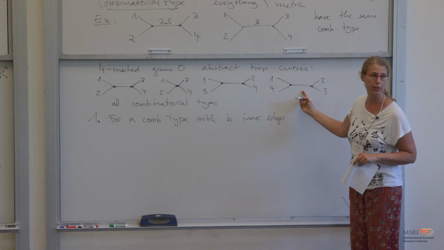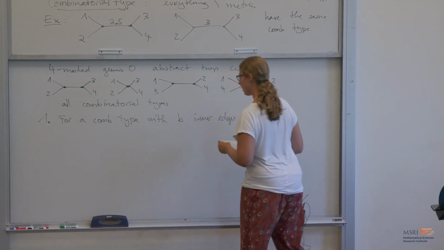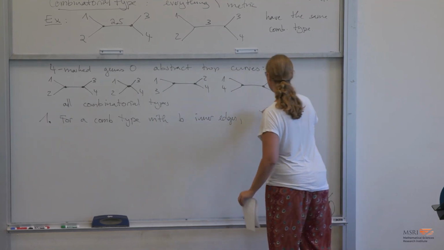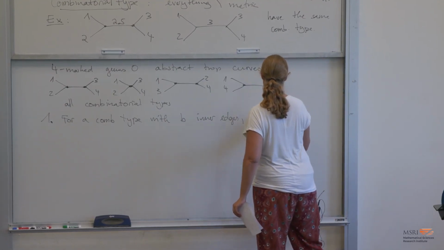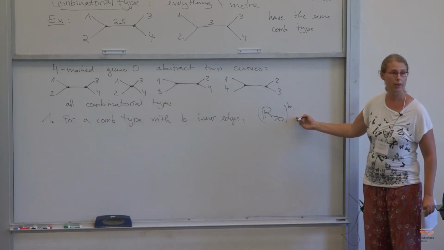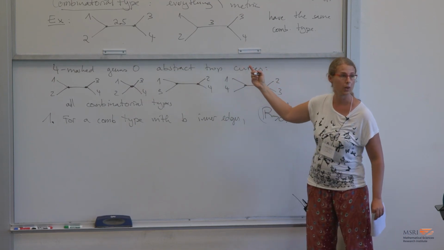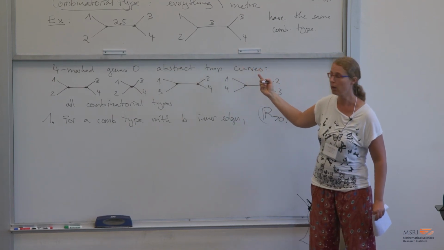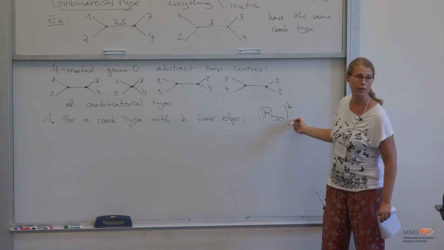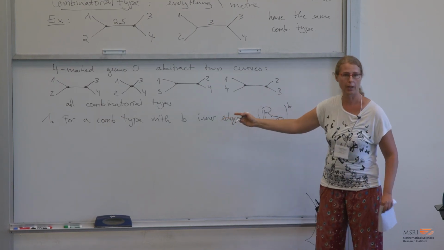The ends have length infinity anyway, but the inner edges. So for a combinatorial type with B inner edges, I can take an R bigger 0 to the B. So an open orthant. And every point in this open orthant will correspond to a choice of metric on my combinatorial type. So this orthant parameterizes all tropical curves of this combinatorial type that I chose.